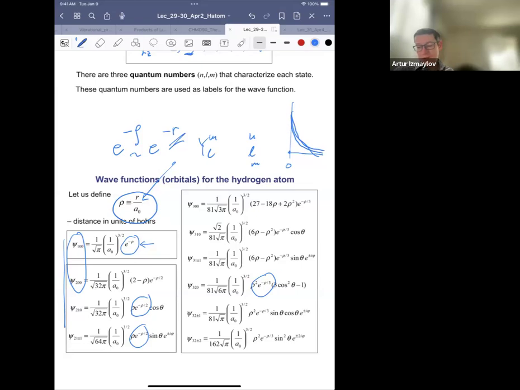So the only difference between all these states is that there is also a polynomial function of R in front of this exponential. But that doesn't matter because in the long run, in long scale, any polynomial function will be suppressed by the decaying exponential function, right?